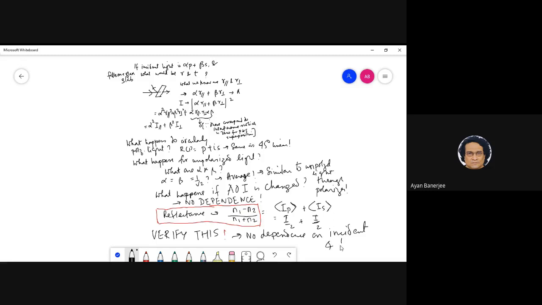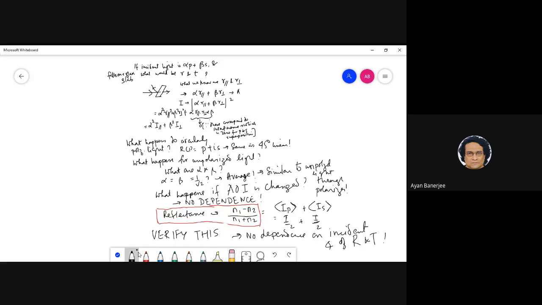The reflectivity should not depend on the incident angle. Reflectance and transmittance, R and T, should not depend on the incident angle. This is crucial. The whole Fresnel theory is basically for polarized light.